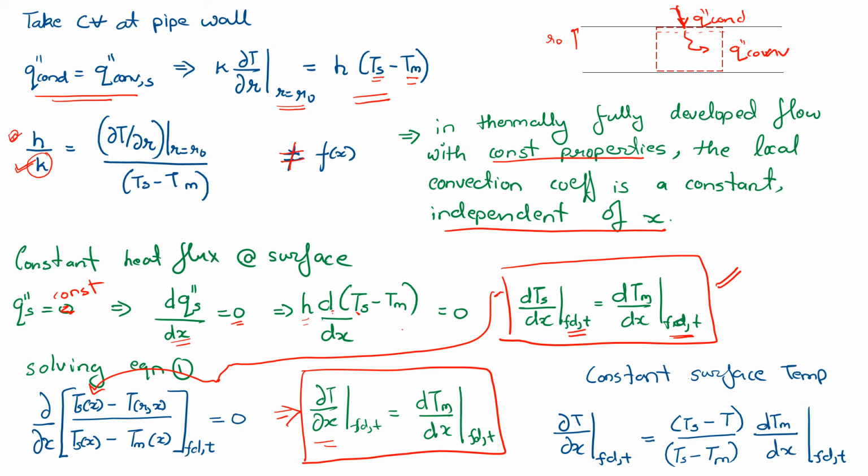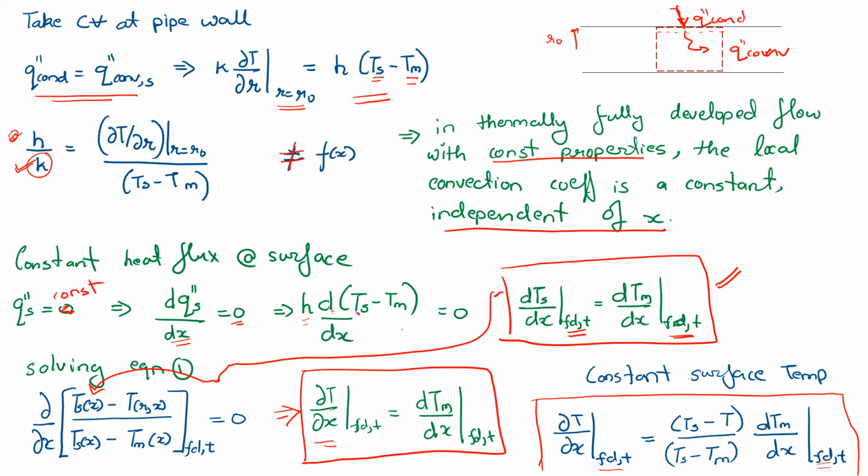And doing a similar analysis, you will get another relation for a constant surface temperature, where the variation of temperature with respect to x in the fully developed region will be equal to Ts minus T divided by Ts minus Tm times dTm by dx in the fully developed region.